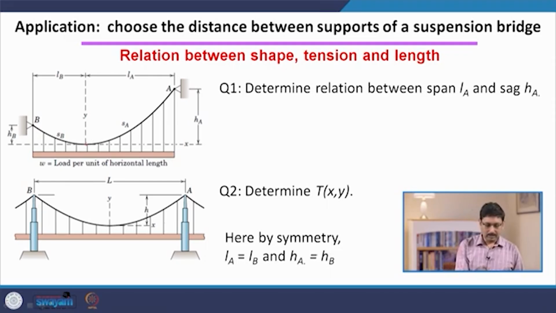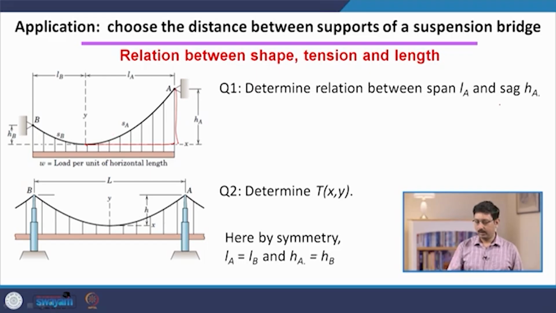So, let us take this origin. From here to one end is called the span of the cable or span of the bridge, and then there is the vertical height of the support point. This represents how much depression from the support the cable has.